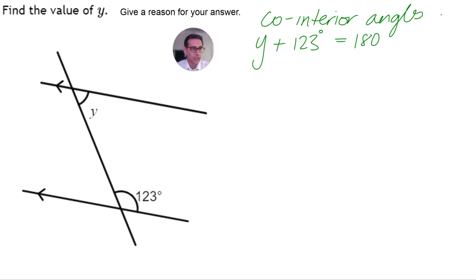And then here we can just solve this equation. So we're going to take away 123 from both sides. So y is equal to 180 take away 123, which is 57 degrees.